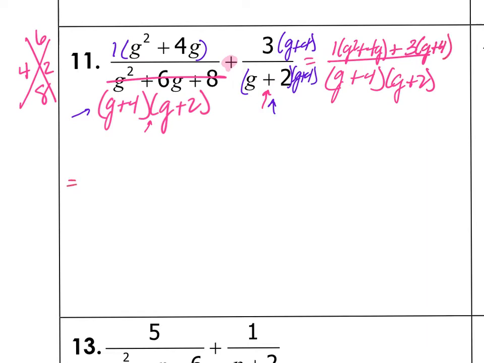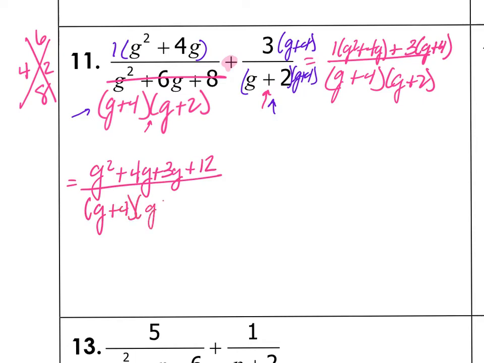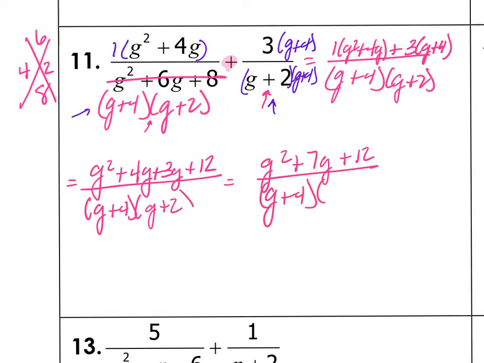So let's multiply that out. And I get g squared plus 4g plus 3g plus 12 all over g plus 4 times g plus 2, which gives me, let's see, g squared plus 7g plus 12 all over g plus 4 and g plus 2.